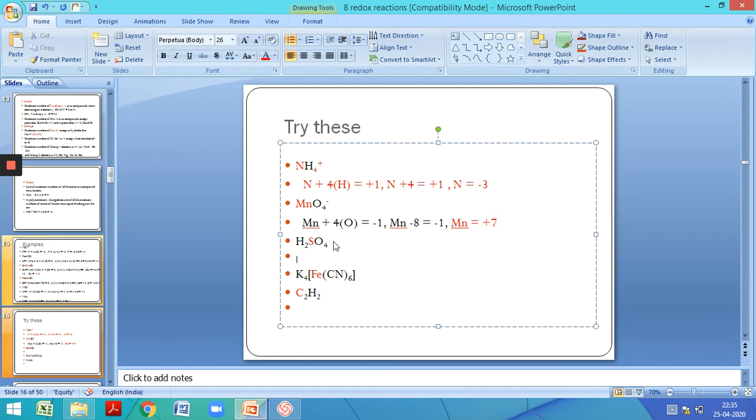H2SO4: the oxidation number of sulfur in H2SO4, we need to find that out.